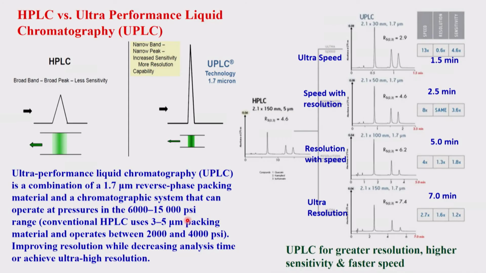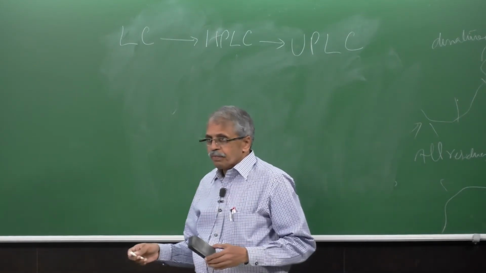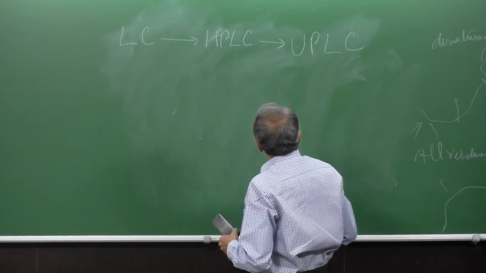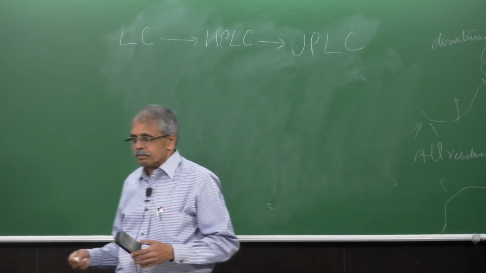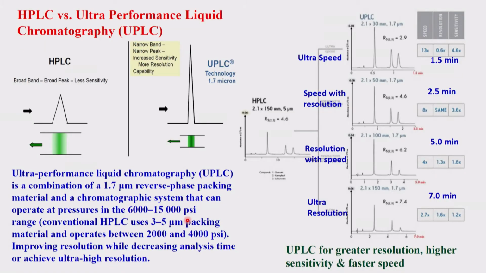Now, is there any technique beyond the HPLC? Yes, that is what is called UPLC, ultra high performance liquid chromatography. You can also say UHPLC, but UPLC in short form. So it is basically doing a high performance version. How will it differ? Suppose you look at the HPLC peak, and for the same sample you look at the UPLC peak.